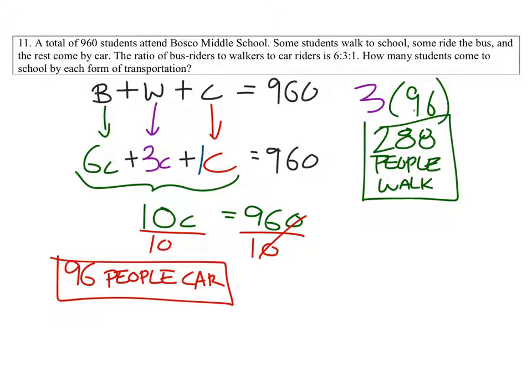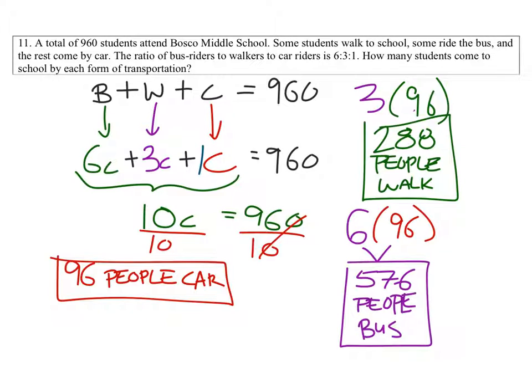And then we've got 6 times the number of people that car would be busing. So 6 times the 96. And 6 times 96 would be 576 people bus to school.